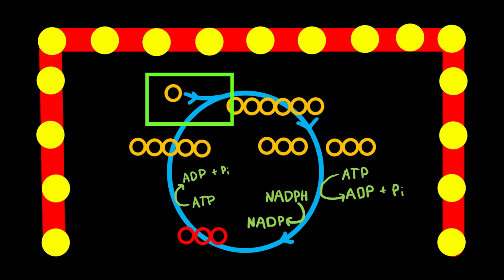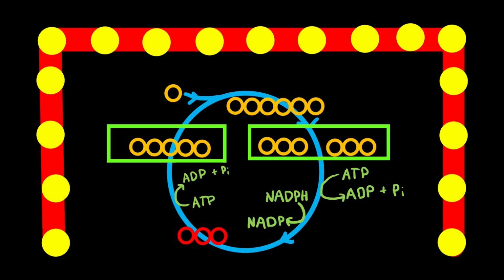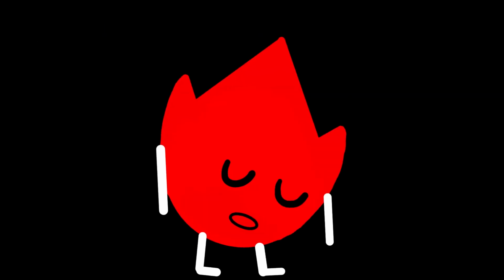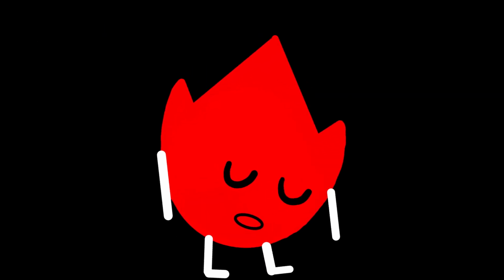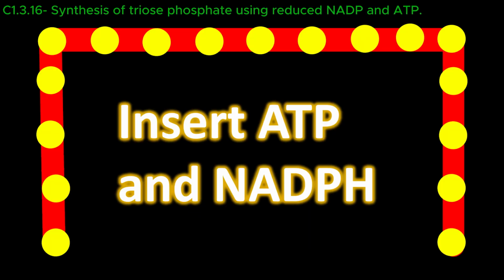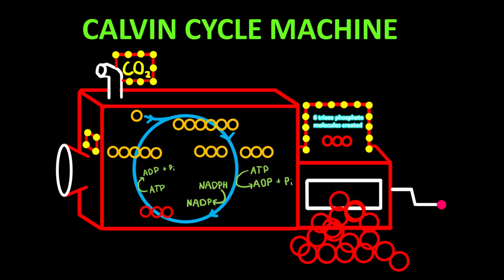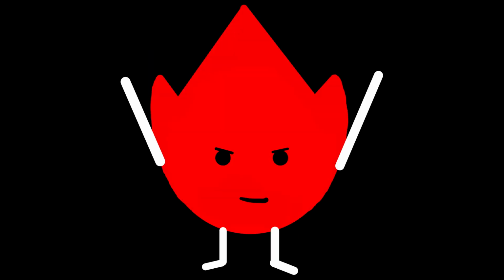Carbon dioxide acquired. Ribulose biphosphate is converted to glycerate phosphate. Can't it go faster? H2O is dying. Insert ATP and NADPH. 6 triose phosphate molecules created.